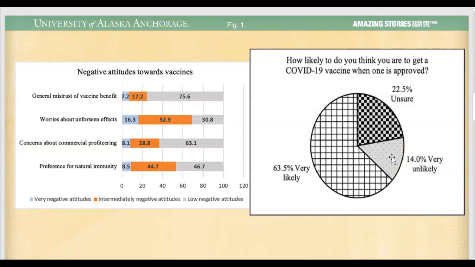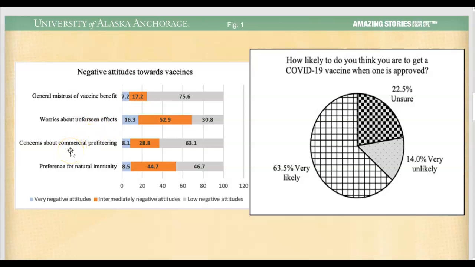So the question for us as healthcare providers, public health professionals, and community health workers is, what are we going to do about that? We know that people are worried about the benefits of vaccine. They're worried about any kind of unforeseen long-term side effects. That's sort of a manifestation of the Wakefield issue.